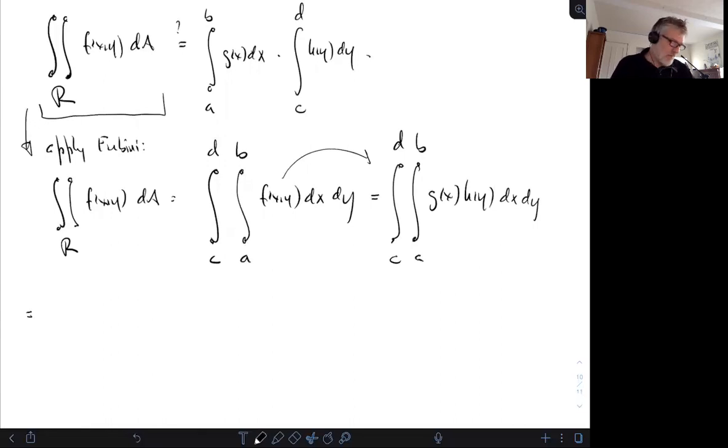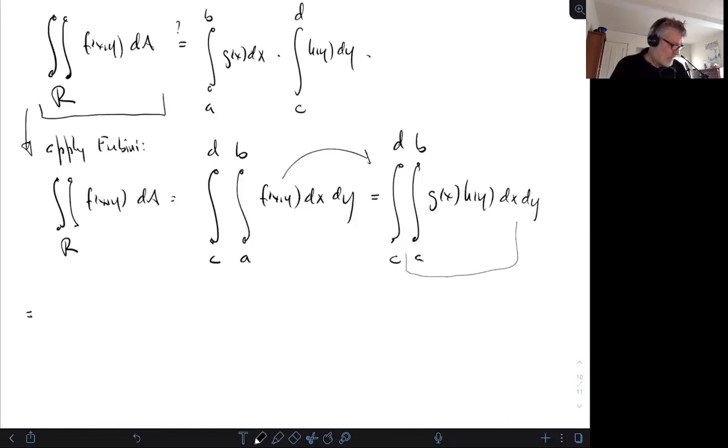All right. So now, how will we compute such a thing? You look at the inside part. I have to compute this integral. Now, what is h of y in this integral with respect to x? It is a constant, right? So what can I do with a constant?